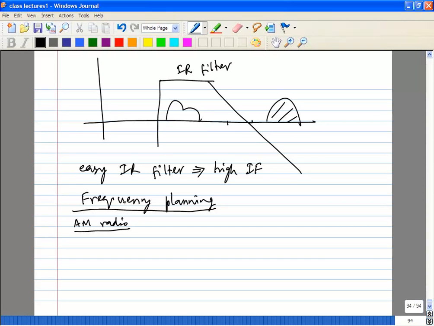The AM band happens to be 530 kilohertz to 1610 kilohertz, and it has 109 channels between these.